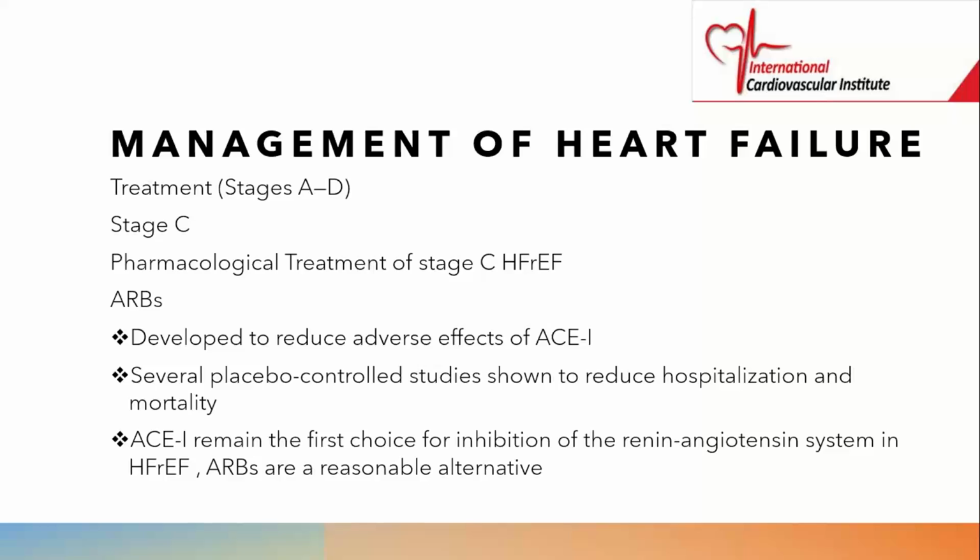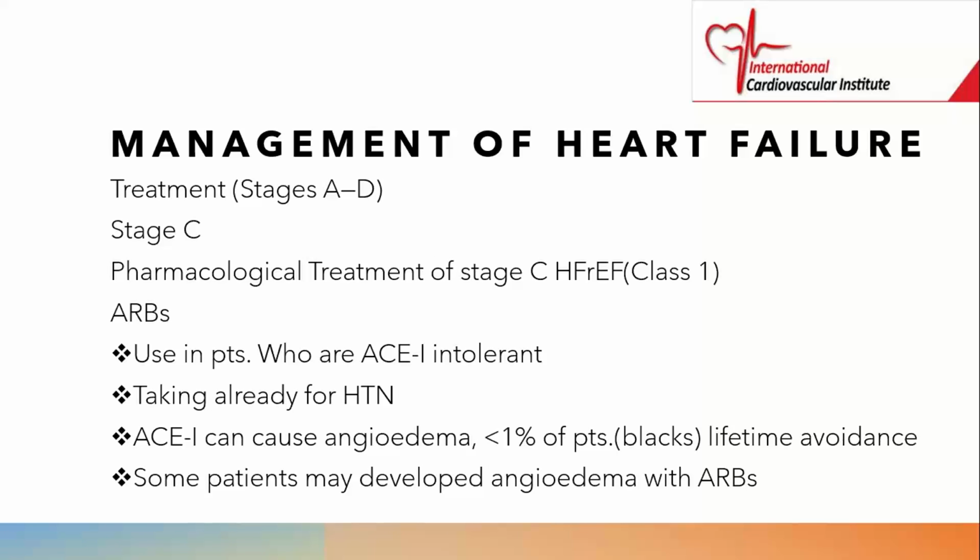And again, remember, ARBs are just an alternative. It gets a class 1 indication if the patient is intolerant of ACE. So if the patient is intolerant of ACE, then ARB gets a class 1 indication. If they're taking it for hypertension already.